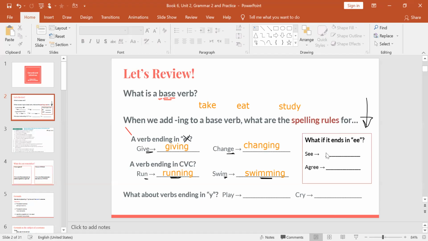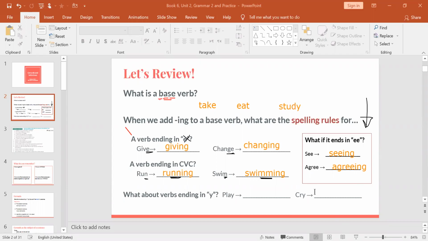Yes, it's seeing, and the same pattern gives agreeing. Verbs that end in double E, you just add the ing, no changes are necessary.